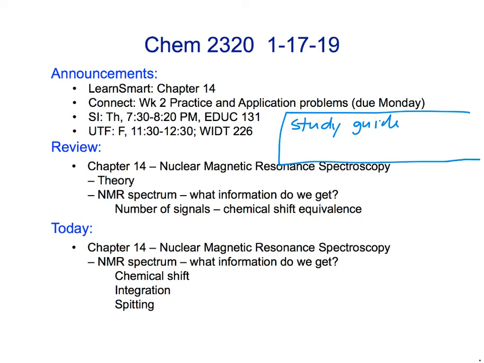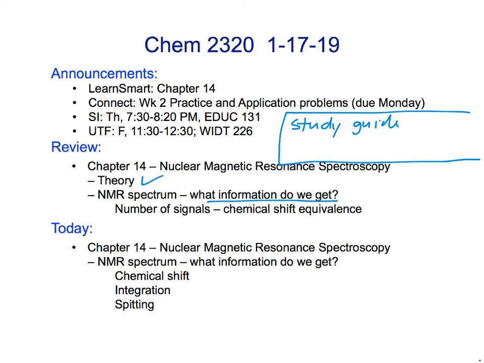All right, so we are talking about NMR spectroscopy. We've talked a little bit about how we get the signals, and so the theory, and what information we get. So far, all we've really done, though, is talk about if we look at a given structure, how many signals should we observe from that.